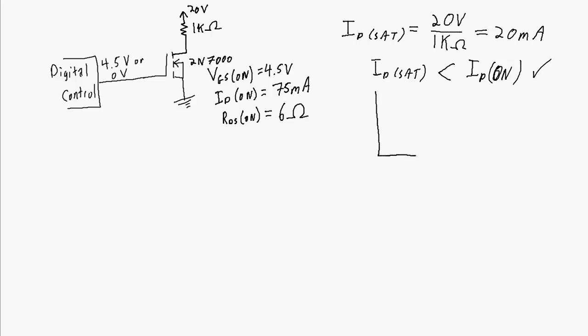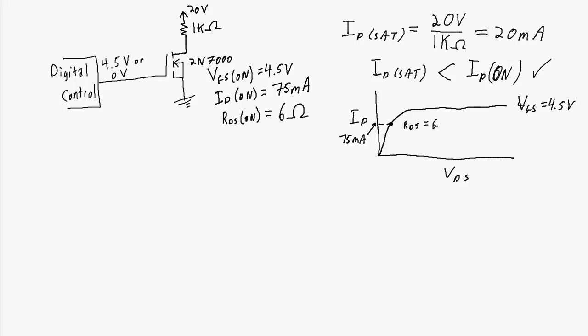And just to redo the graph to show you how we're operating here, we've got our VDS versus ID curve for some VGS on. So this is at VGS of 4.5 volts, and VDS and ID. At some value of 75 milliamps is ID on, so that's sort of our operating point, and we're going to have an RDS equal to 6 ohms. So the inverse of the slope at that point will give us 6 ohms, and our actual operating point is somewhere way down here.